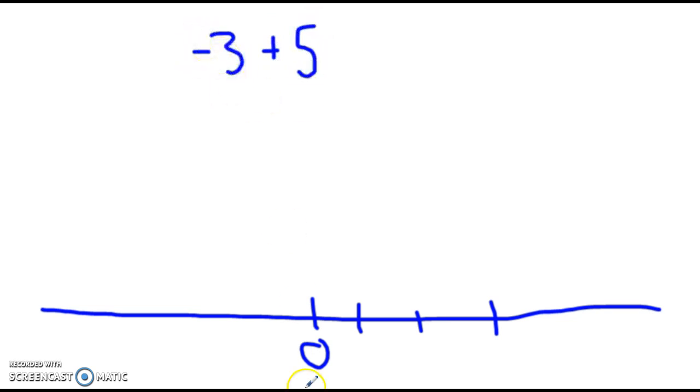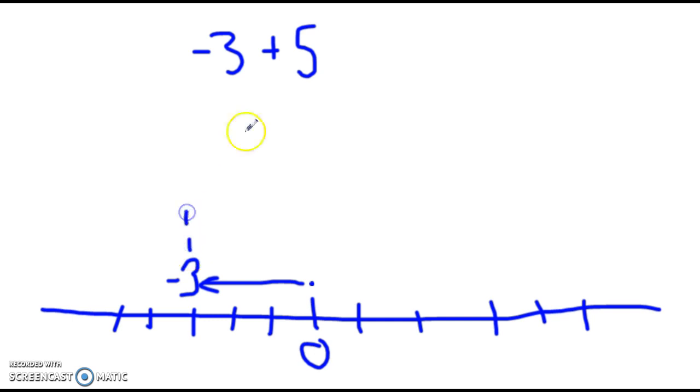Negative 3 plus 5. I'm going to draw some more of these. I always start at 0. Because it's a negative 3, I'm going to move to the left 1, 2, 3 units. And now the next thing I'm going to do is go whatever direction my sign tells me.